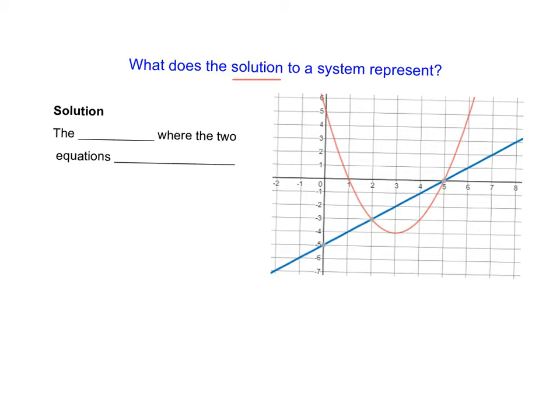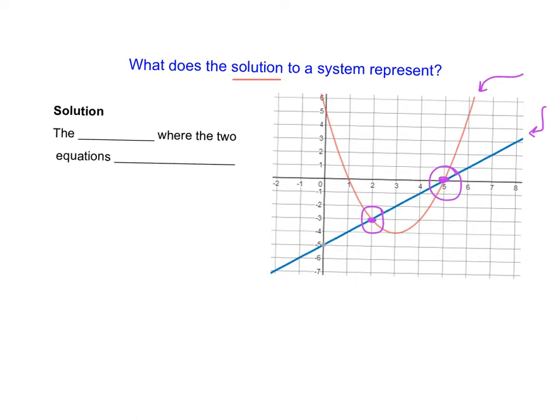If you look at the graph, there are a couple of key points that show some relationships between the two functions that you see. You can see that you have a nonlinear function here in red and a linear function here in blue, and what the solution to our system represents is these 2 points of intersection. So when we're solving a system, what we're looking for are the points of intersection.